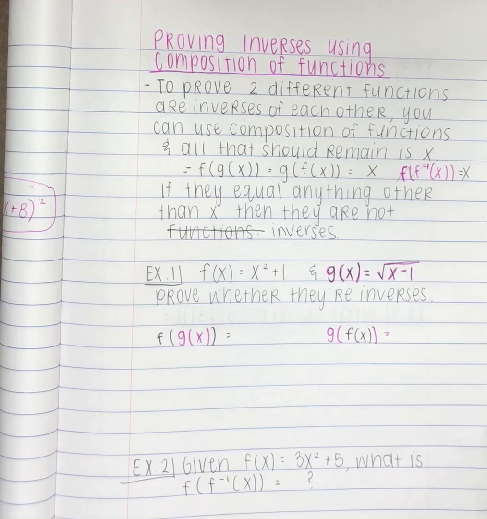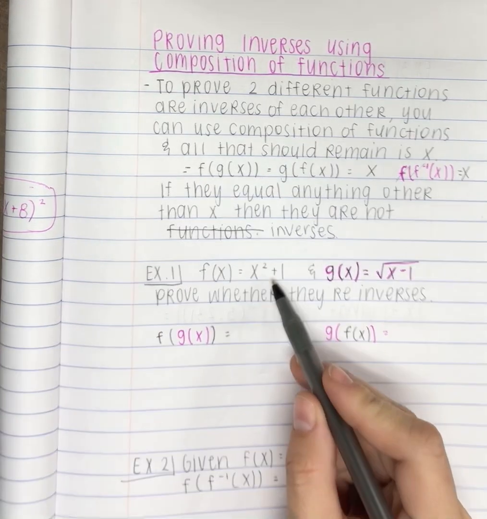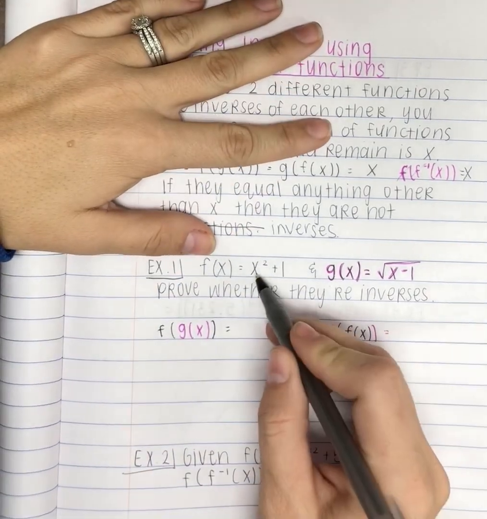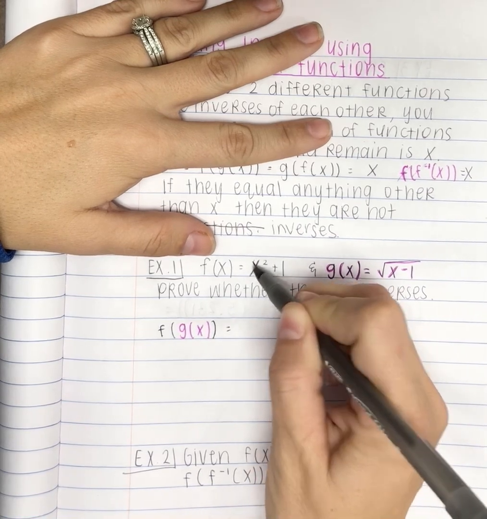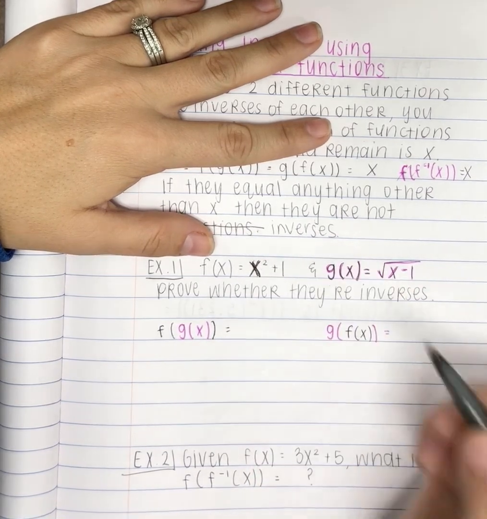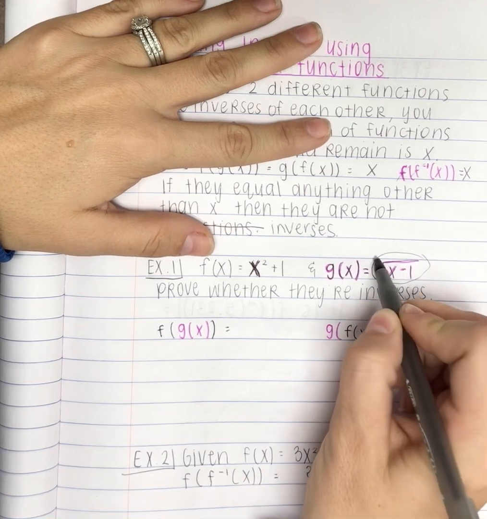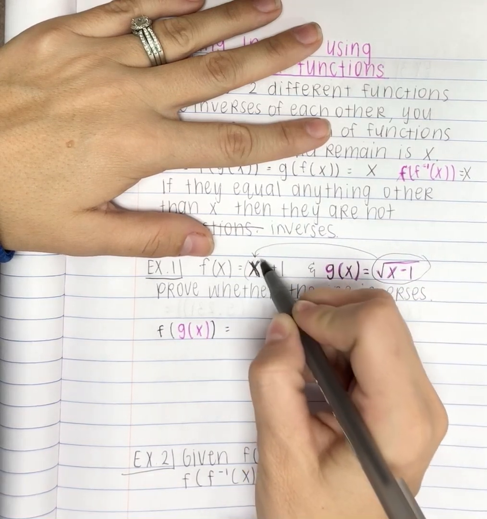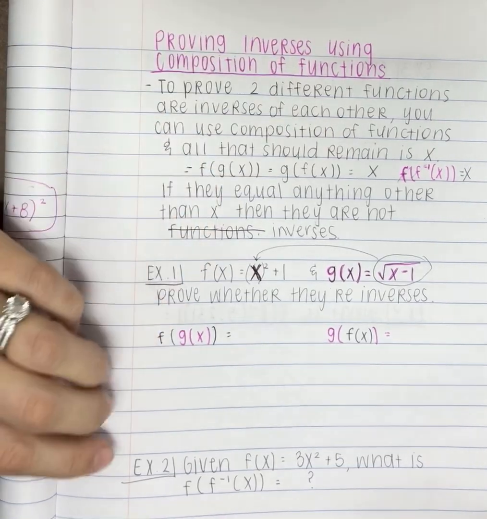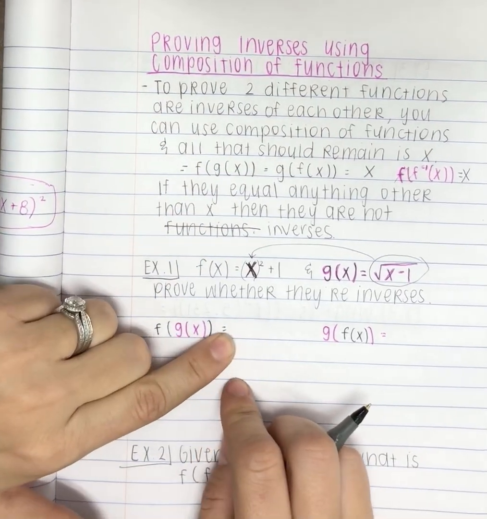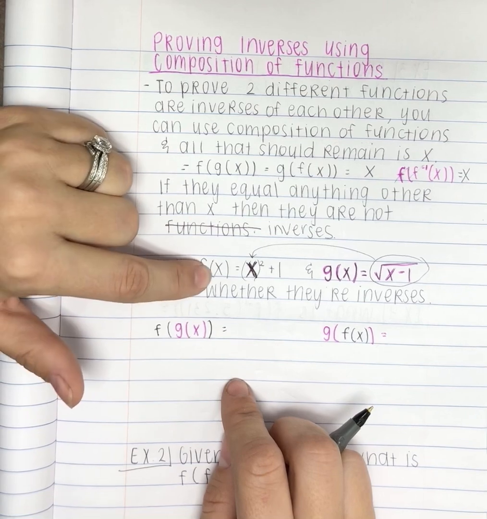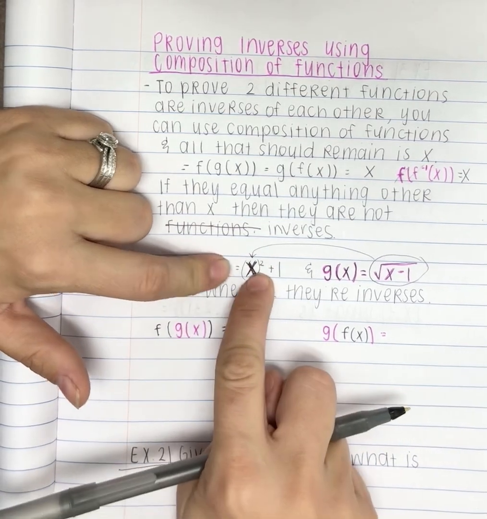Okay, so what I mean is I'm going to take my f function, and where x is, I'm going to take what g of x equals and plug it in for where x was. So I'm going to have f of g of x equals, okay, so we put g in the middle where x was.